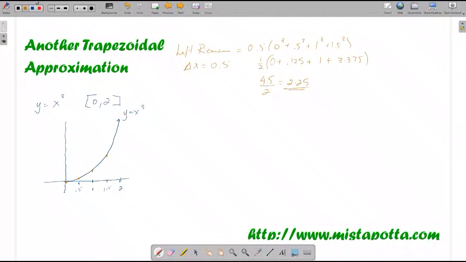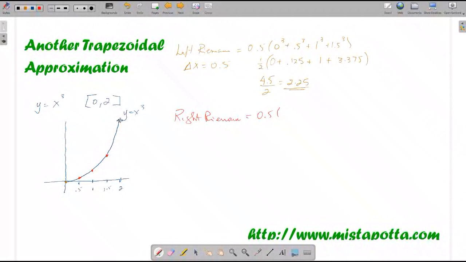If I'm looking at my right Riemann sum, it's going to be 0.5 times the functions evaluated at the right endpoints of each of these domains.